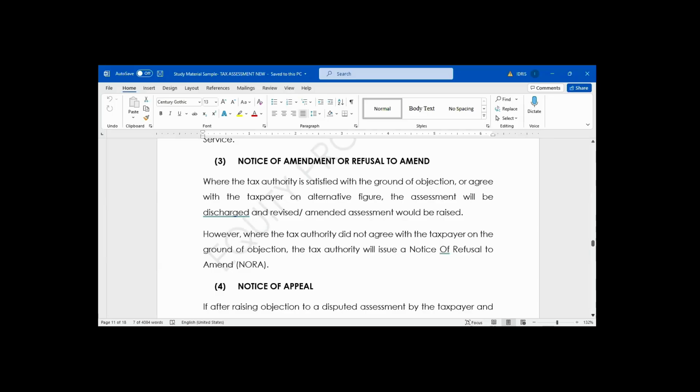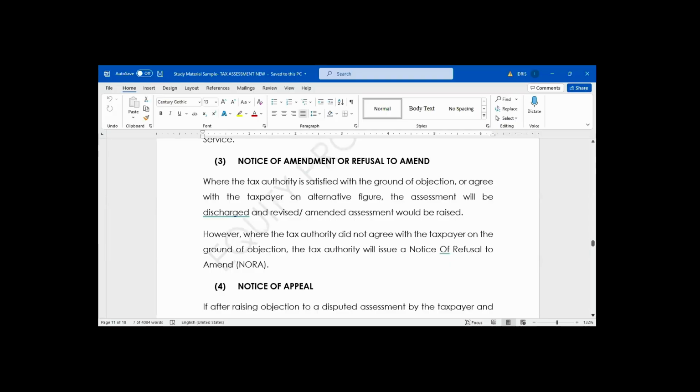If you want to write notice of objection to the tax authority, you must attach some evidence to it, like your company bank statement, your sales invoice, your third-party evidence, your fees access schedule. You must attach some evidence to your notice of objection.